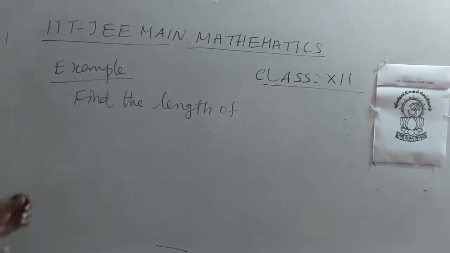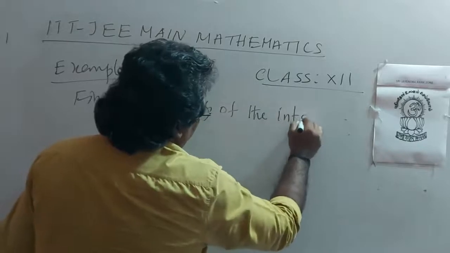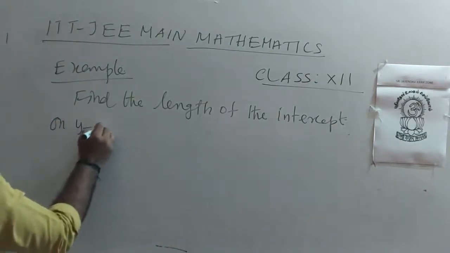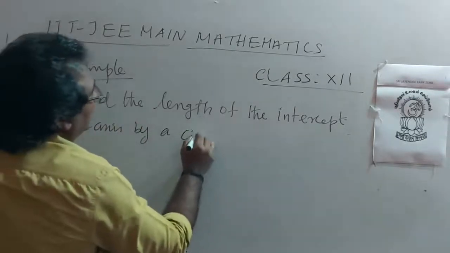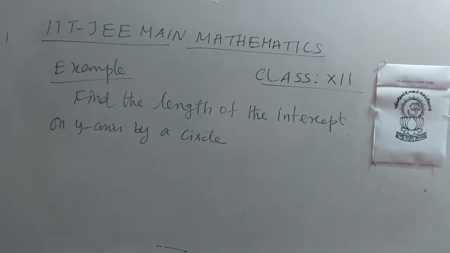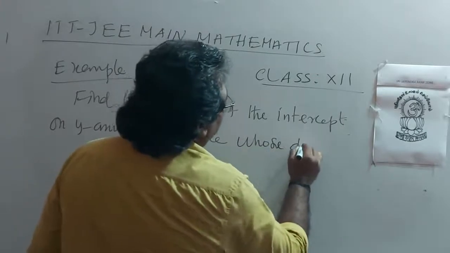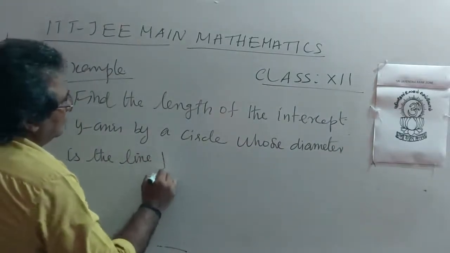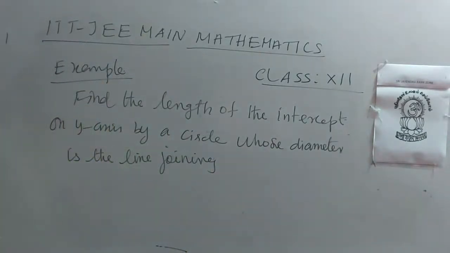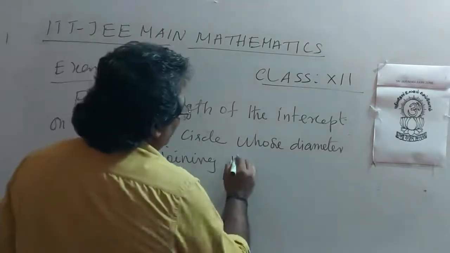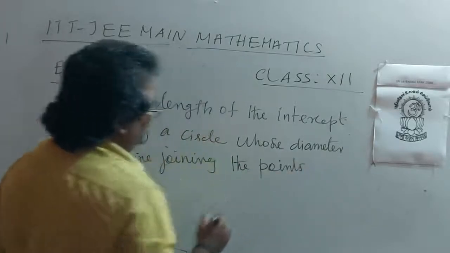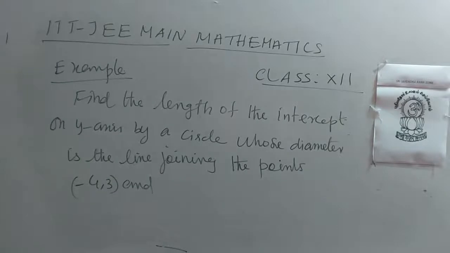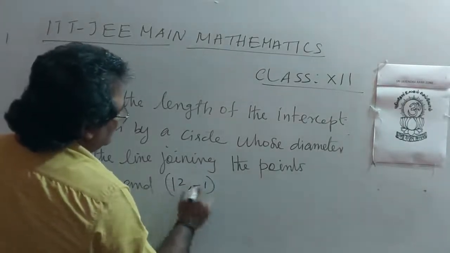Find the length of the intercept on y axis by a circle whose diameter is the line joining points (-4, 3) and (12, -1).